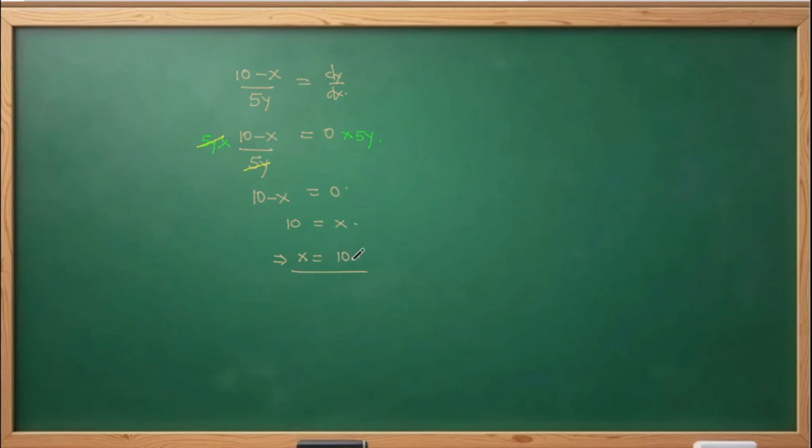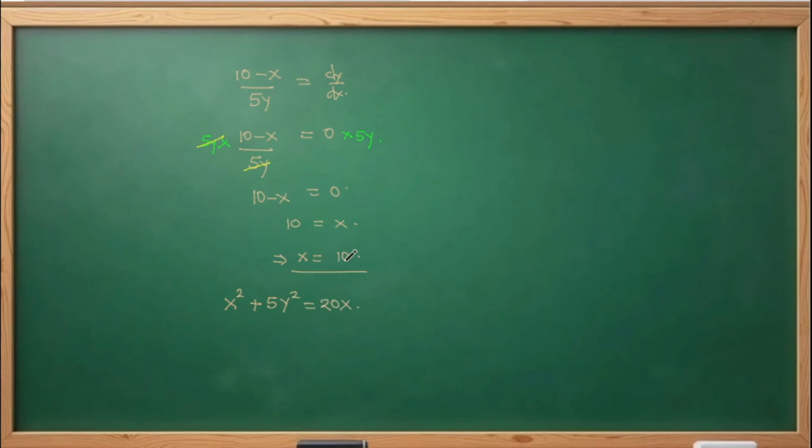Now, for us to get the point, we need the y value also. And where do we get y? From our expression, which was the curve itself: x squared plus 5y squared equals 20x.